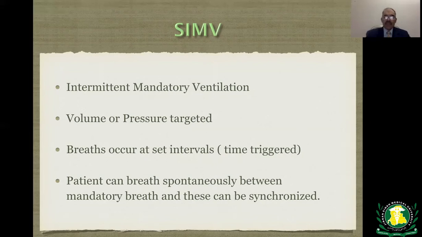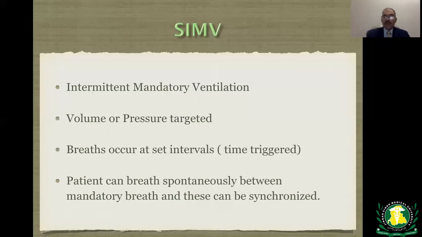So just like assist control, volume targeted, let's say a clinician sets a rate of 10 and a tidal volume of 500. That means this patient is guaranteed to have 10 breaths, and each breath will be of 500 tidal volume. But let's say the patient is breathing at a rate of 15.